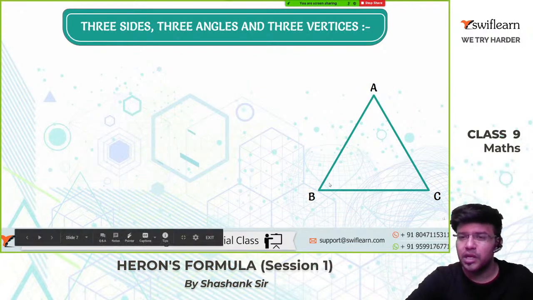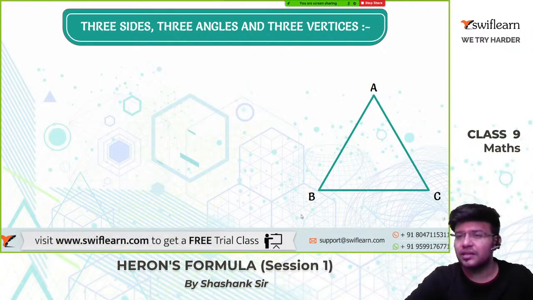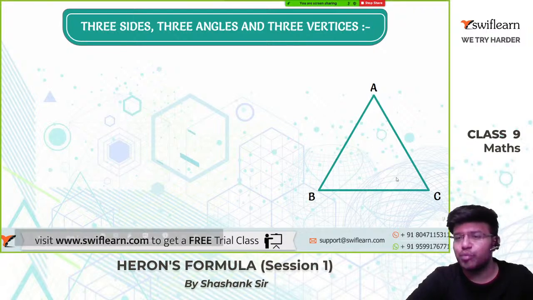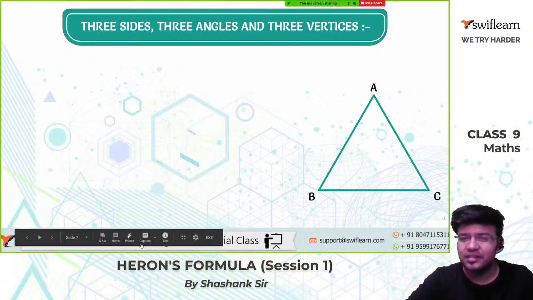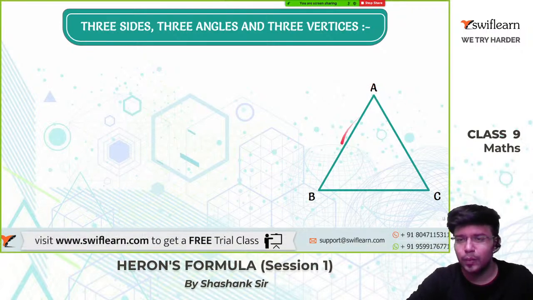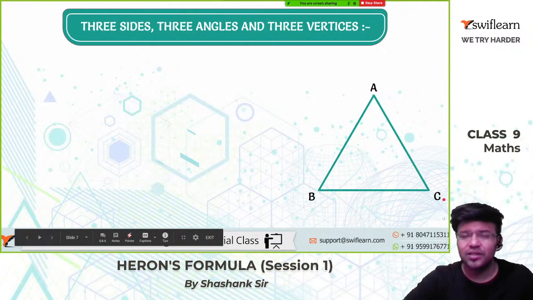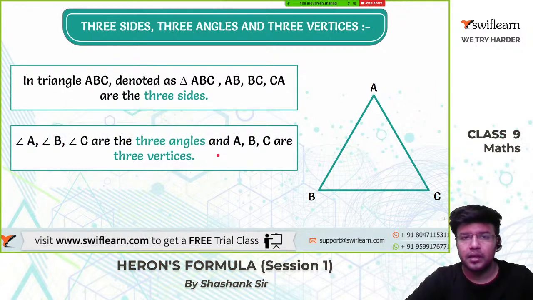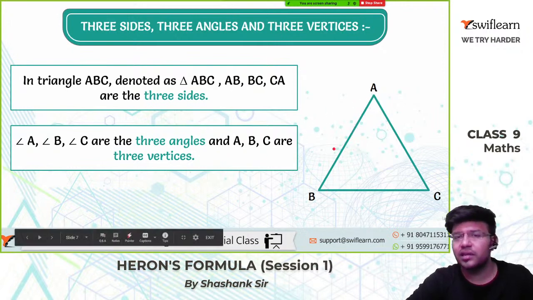The sides are AB, BC, CA. The angles are angle A, angle B, angle C. The vertices are point A, point B, point C. This can be denoted as triangle ABC.